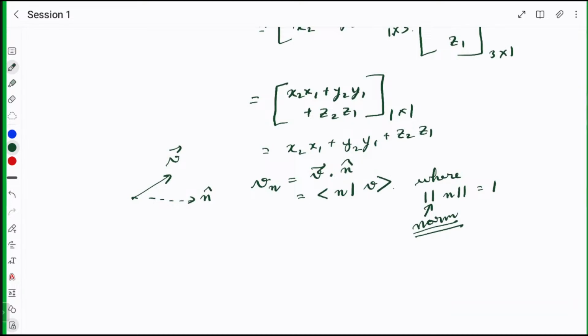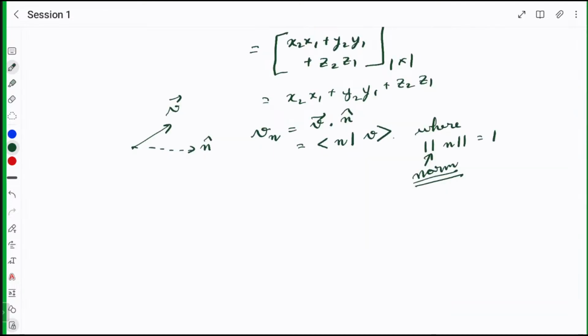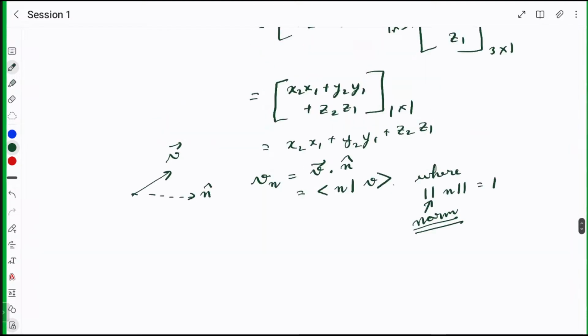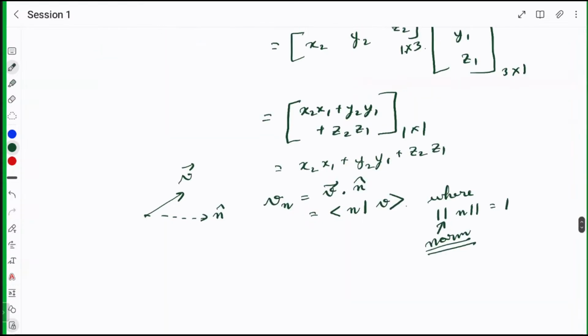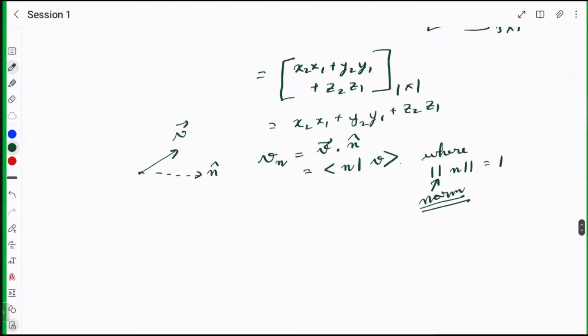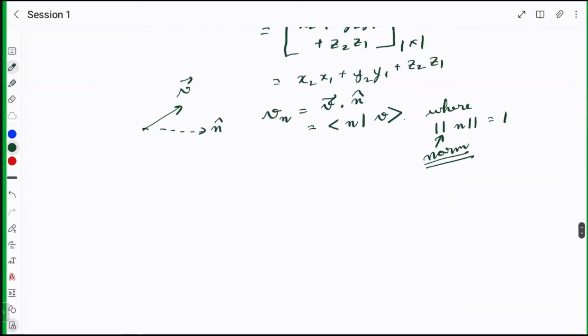Now that we have more or less established some form of modified notation, which would help us in learning quantum mechanics, let us go on to more general vector spaces. So this was the simplest vector space, the R3 space.